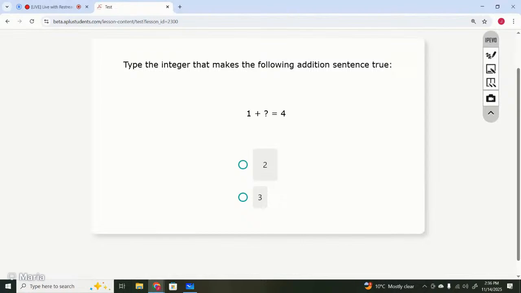So what number is it? 1 plus 3 equals 4.